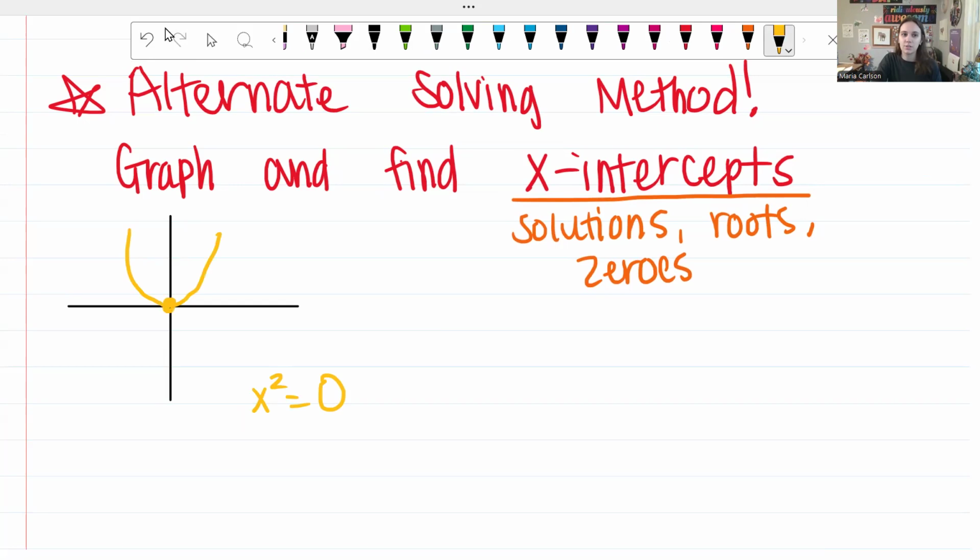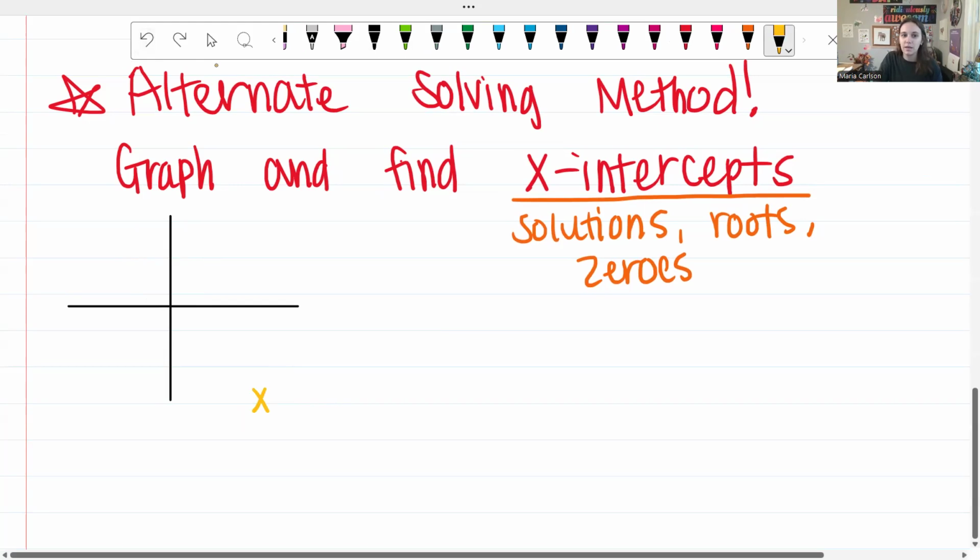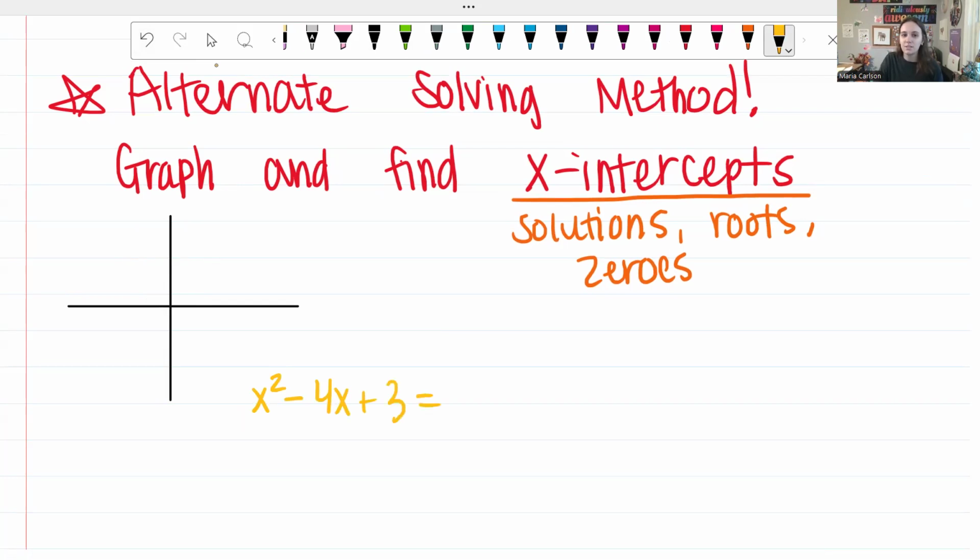And that one spot is our solution. So a lot of quadratics cross at perhaps two places. Maybe I have x squared minus 4x plus 3 equals 0, and this is going to cross at two different places. I think it would cross at 3 and 1, perhaps.